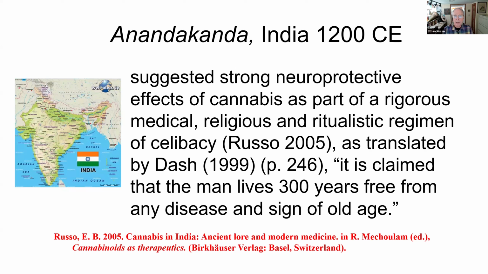Dash translated the passage as saying, "It is claimed that the man lives 300 years free from any disease and sign of old age." So people have to decide for themselves whether they want to live 300 years as a celibate.